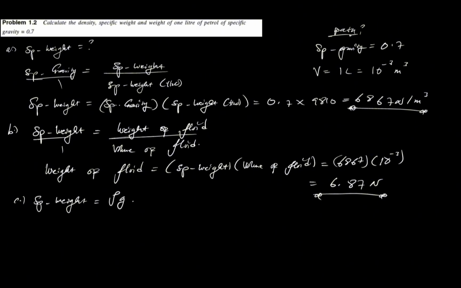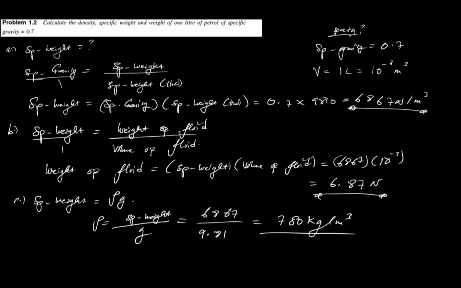So to find rho, we make rho the subject of the formula. We say rho is equal to specific weight divided by gravity. The specific weight that we found was 6,867, divided by gravity, which is about 9.81. And this is equal to 700 kilograms per meter cubed.